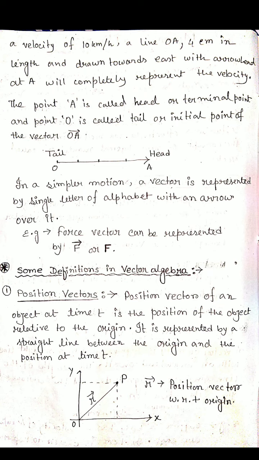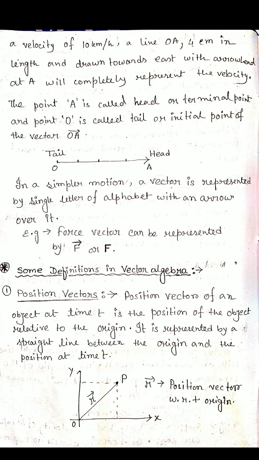In two dimensions, the position vector gives us the position of a certain point or object relative to the origin. That's why we draw a line from the origin to where that point or object is situated. That is called the position vector at a certain time.